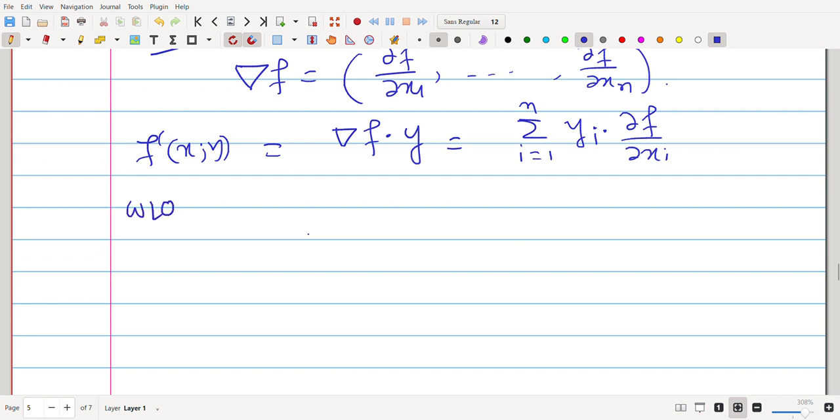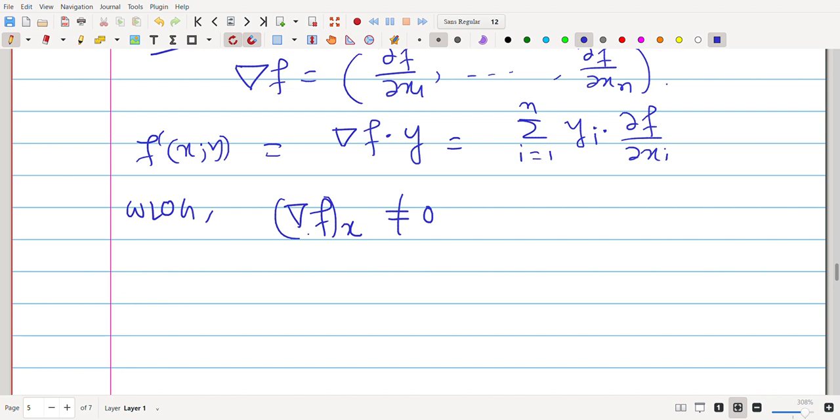So without loss of generality, I can assume that the gradient of f at x is non-zero, because if the gradient of f at x is the 0 vector, then this quantity is always 0, which is not possible.